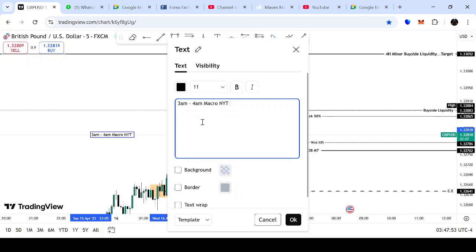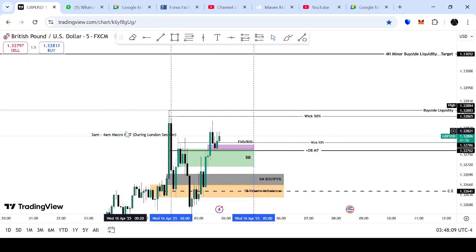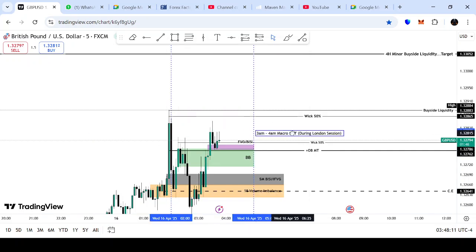During the London session, 3 a.m. to 4 a.m. macro, we're going to see a run on liquidity.